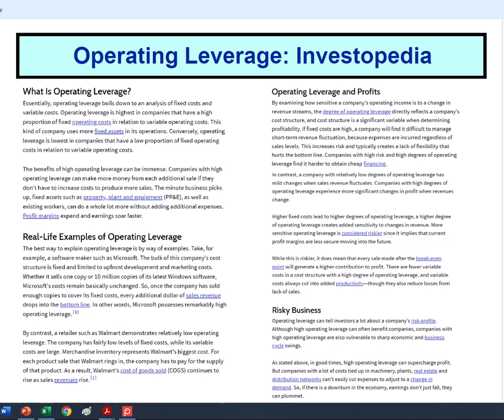Now there's good and bad things here. So read this in detail. I'm not going to read this in detail. But somebody like Walmart is going to have less operating leverage because they're selling groceries and clothes and camping gear and all the other stuff it sells.